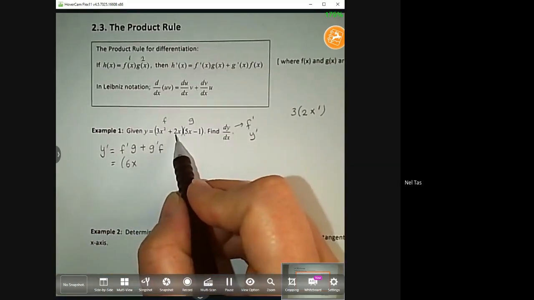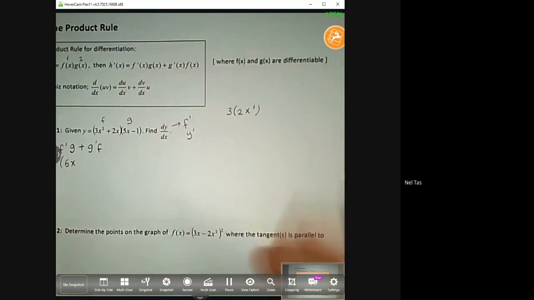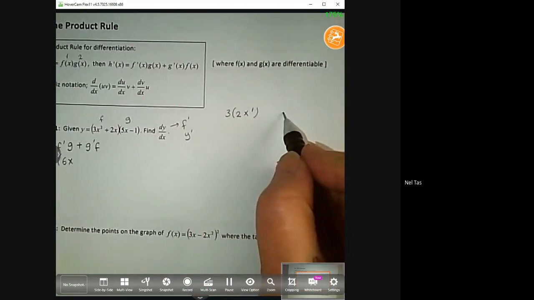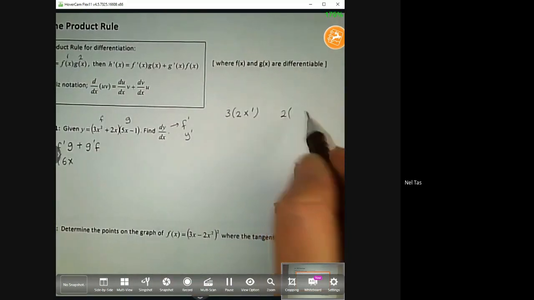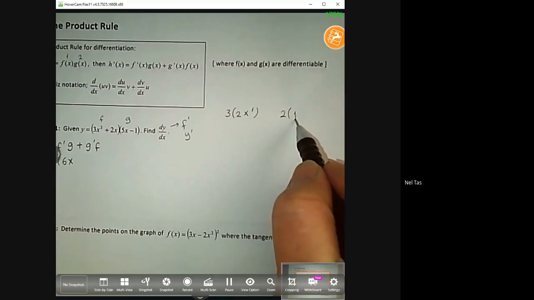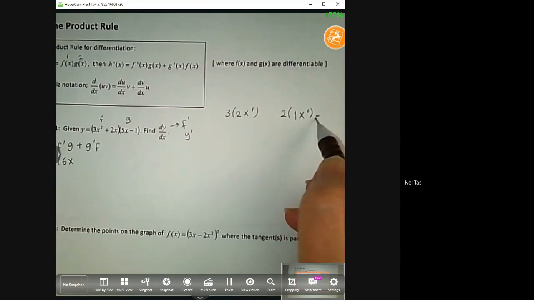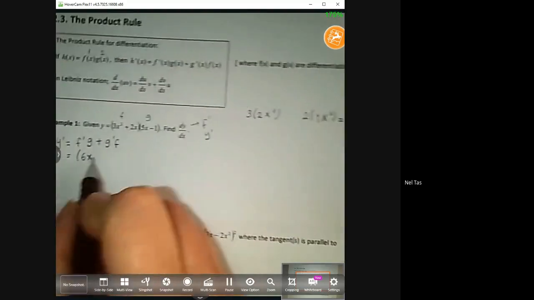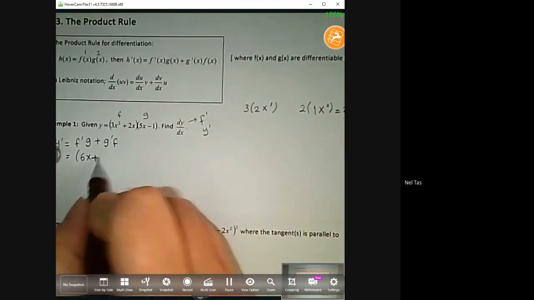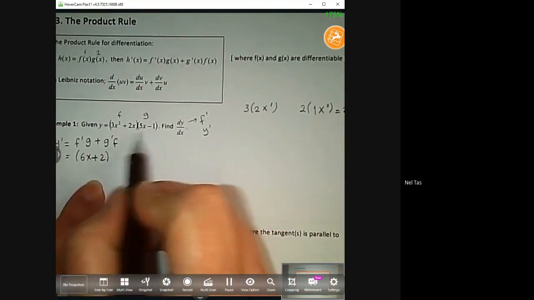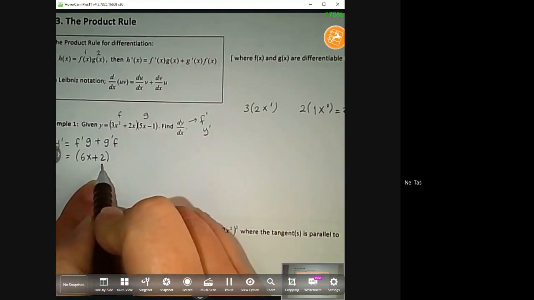Take the derivative of 2x. Applying the same rule, you keep the constant, take the exponent, drop it to the front, which is 1, x, decrease the exponent by 1. 1 minus 1 gives you 0. And this is equal to 2. So 6x plus 2, that is f prime. We took the f prime now.